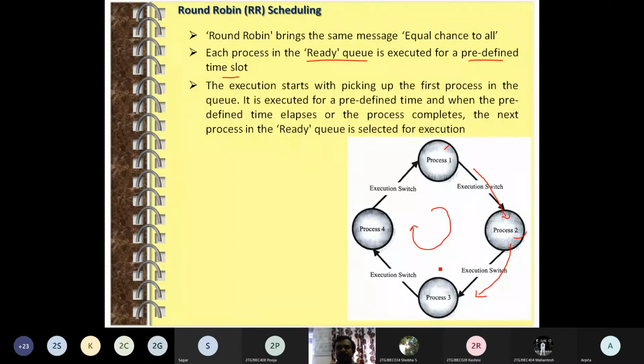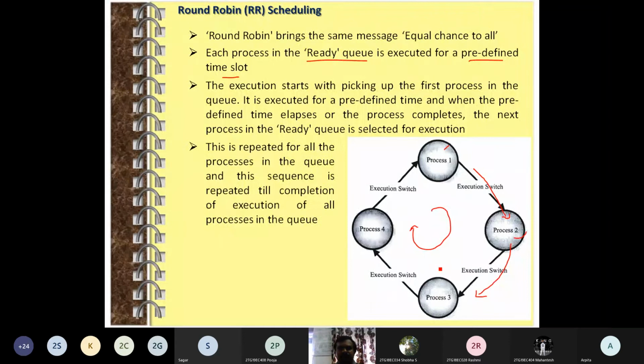The execution starts with picking up the first process in the queue. It is executed for a predefined time, and when the predefined time elapses or the process completes, the next process in the ready queue is selected for execution. This is repeated for all the processes in the queue, and the sequence is repeated until completion of all processes.